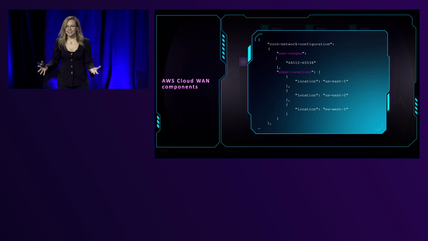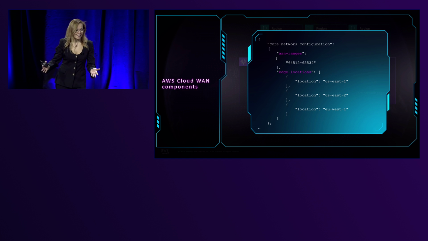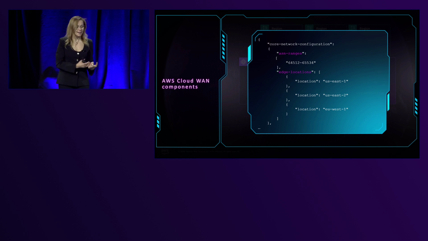Now, all of this is not configured as you would configure Transit Gateways, right? You would go and create a Transit Gateway object and you would get an ARN, right? Everything is configured through the core network policy. Here's where you define the autonomous system number range for your Cloud WAN core network, where every CNE gets its own autonomous system number in BGP.